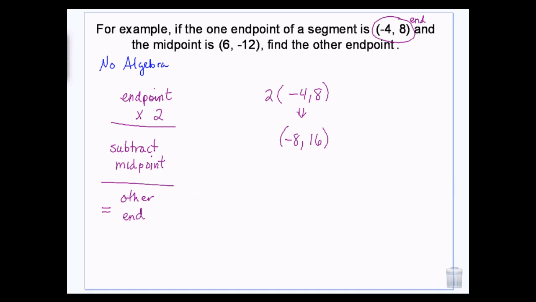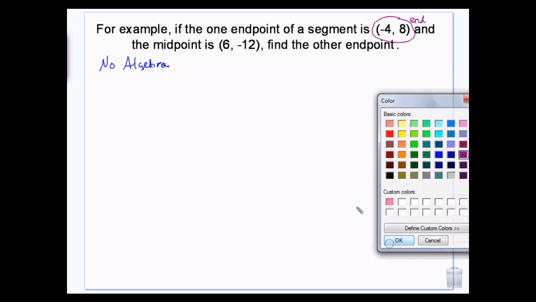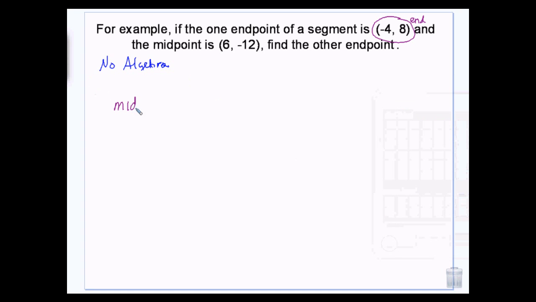I lied. I'm sorry. I did not mean to lie to you. My pants were on fire and everything. I'm going to take the midpoint and I'm going to multiply it by 2. And then I'm going to subtract the end. I got myself backwards, and that gives me the other end.